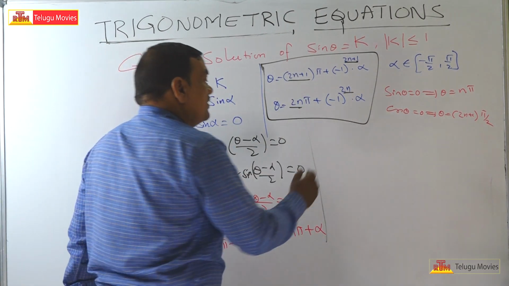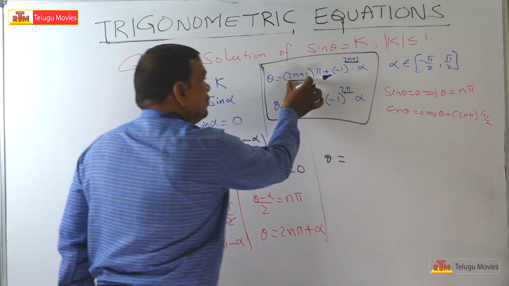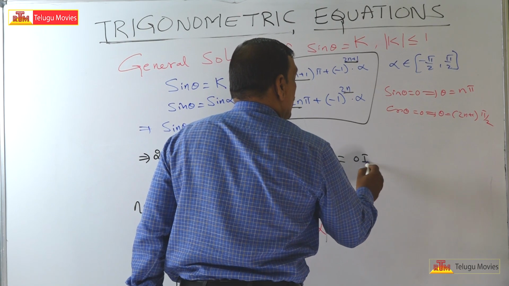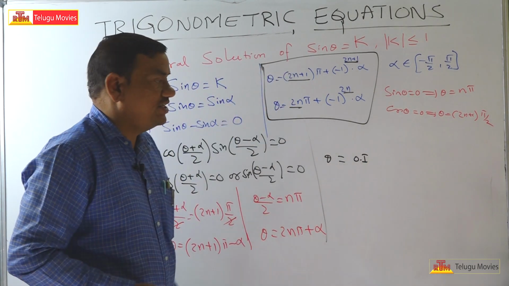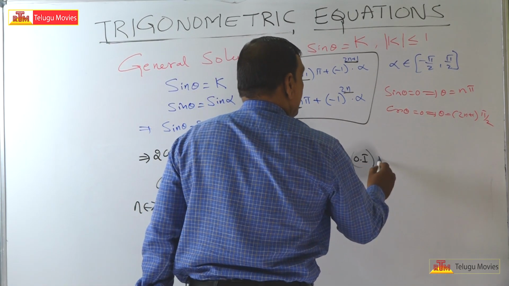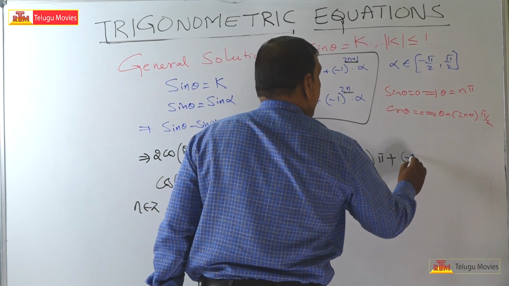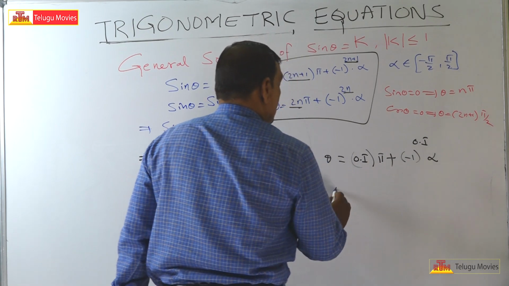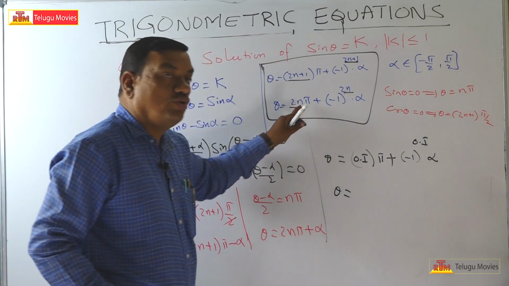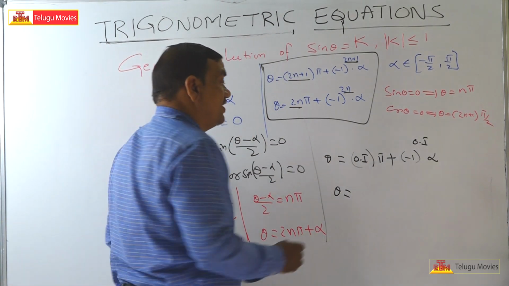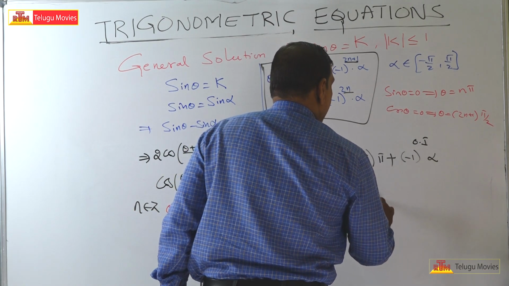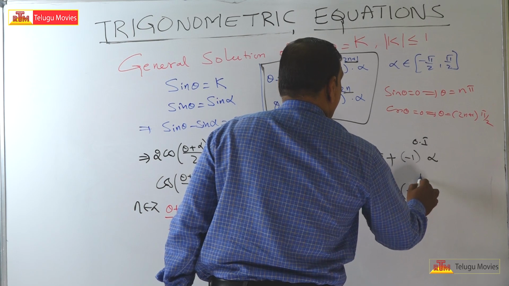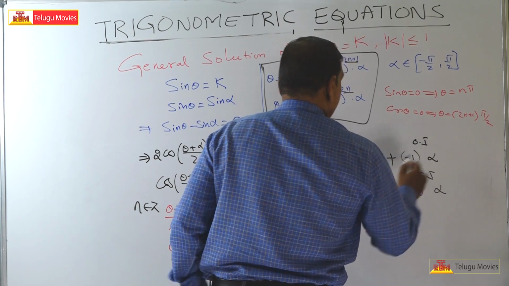Theta is equal to odd integer (OI means odd integer) times pi plus (minus 1) whole power odd integer alpha. And 2n means even integer (EI), even integer pi plus (minus 1) whole power even integer alpha.